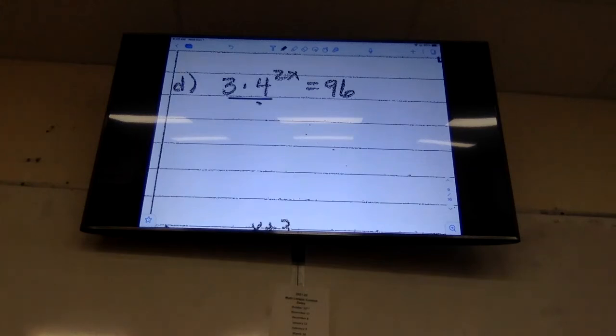So let's divide by 3. I've got 4 raised to the 2x equals 96 divided by 3, which is 32. I already know that 4 to some power can't equal 32. 32 cannot be written as 4 to some power, but they both can be written with a base of 2.